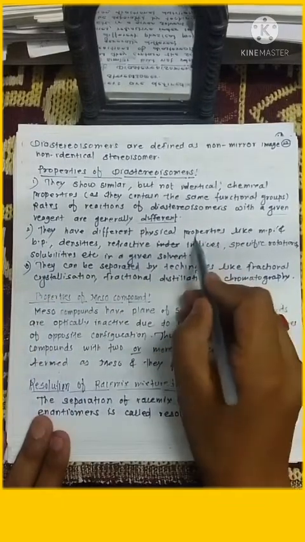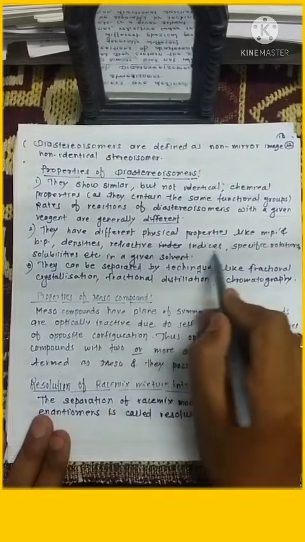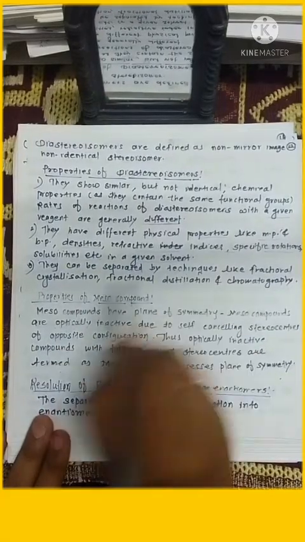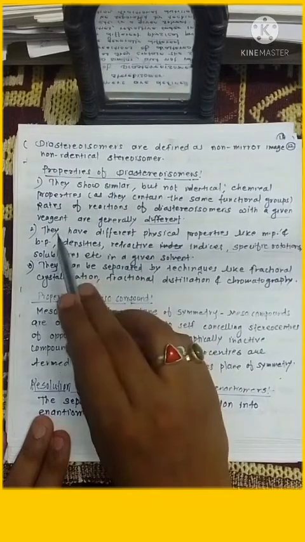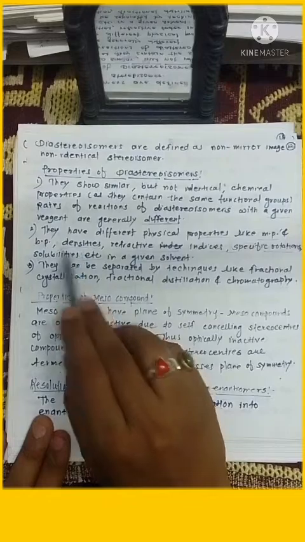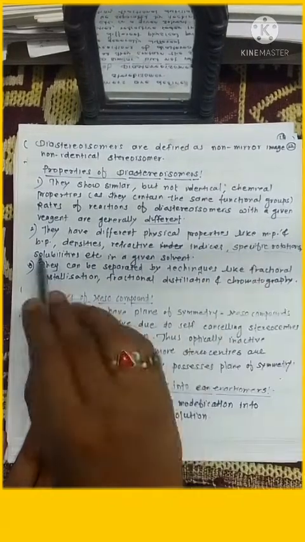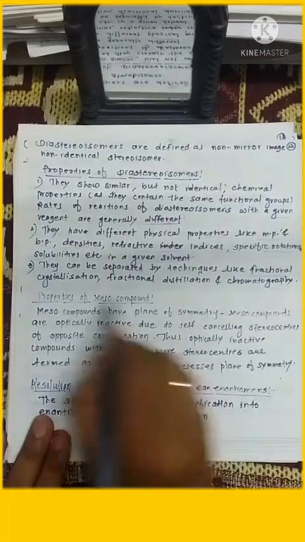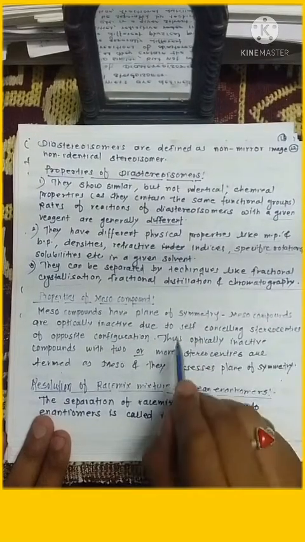They have different physical properties like melting point, boiling point, density, refractive indices, specific rotation, solubility, etc. in a given solvent. This point is very important because enantiomers have the same melting point and boiling point, while diastereoisomers have different physical properties like melting point and boiling point. They can be separated by techniques like fractional crystallization, fractional distillation, and chromatography.